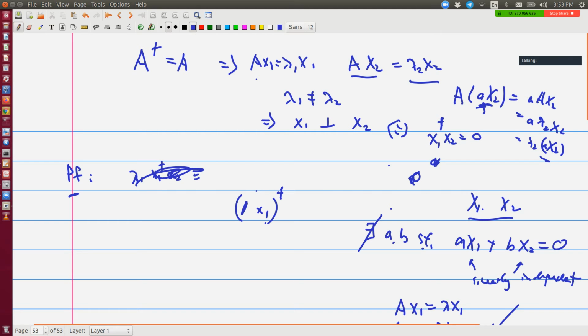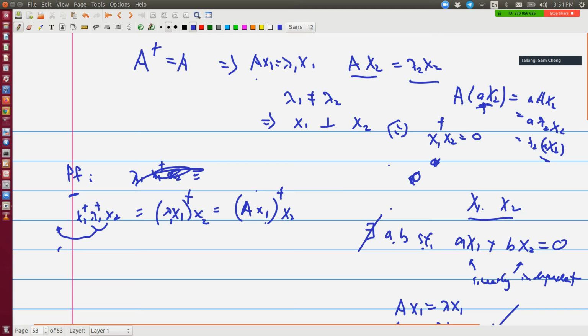Of some matrix A, with eigenvalues lambda 1 and lambda 2, then I can write this as lambda 1 x1 Hermitian times x2. That gives lambda 1 Hermitian, x1 Hermitian, x2, but of course lambda 1 is just a constant, so I can put it out.